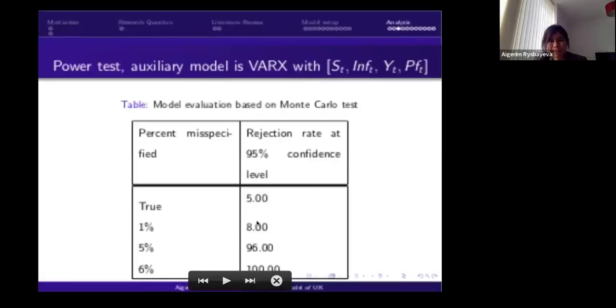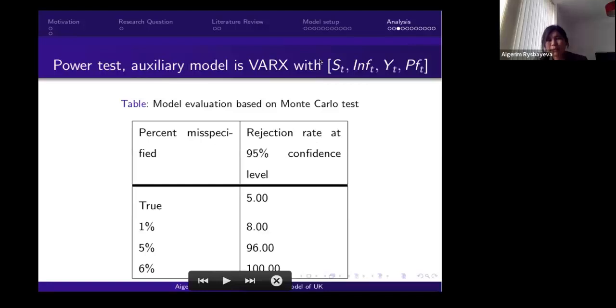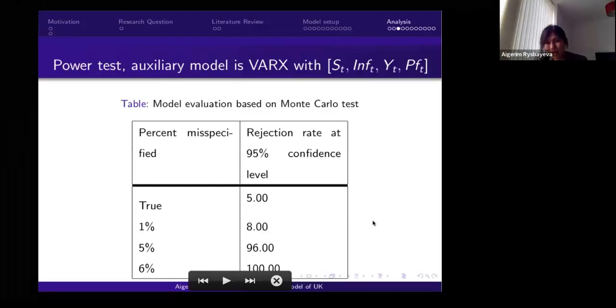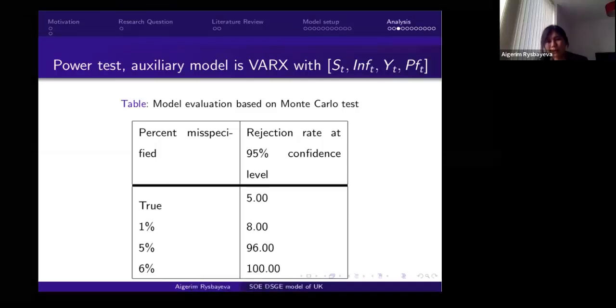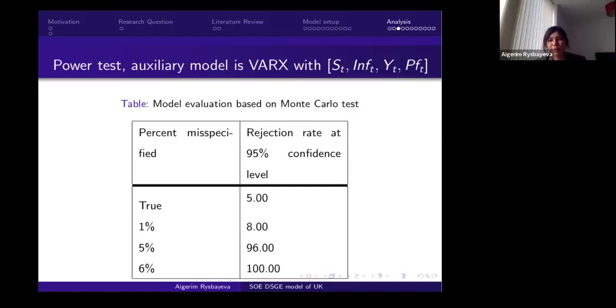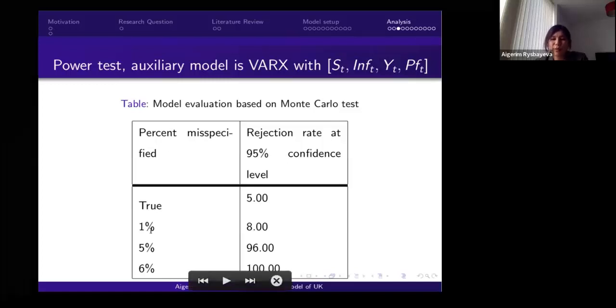Next, I tested the model using indirect inference. What does testing mean? Here we see the first graph, about how I falsify my estimated parameters. Assuming my estimated parameters are the true parameters of the model, I reject the model 5% of the time.